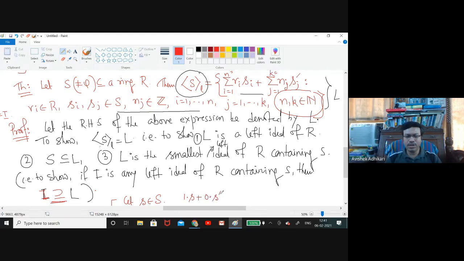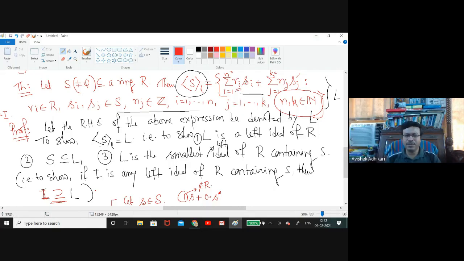So you don't know whether 1 is there, so you can write it like this, right? But how can you assume that this is there within R? May not be, right? You have no idea, so it should come from R.